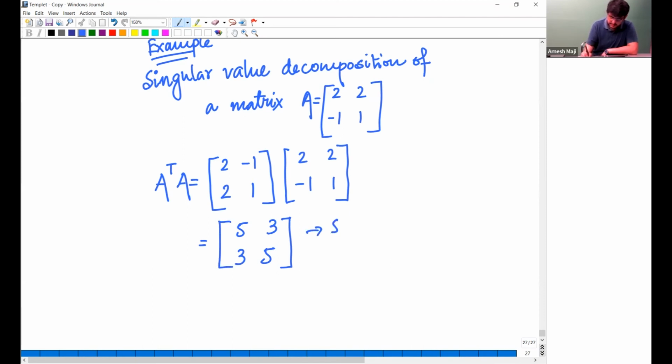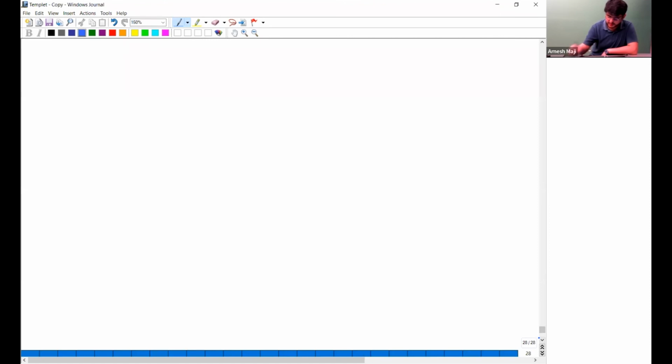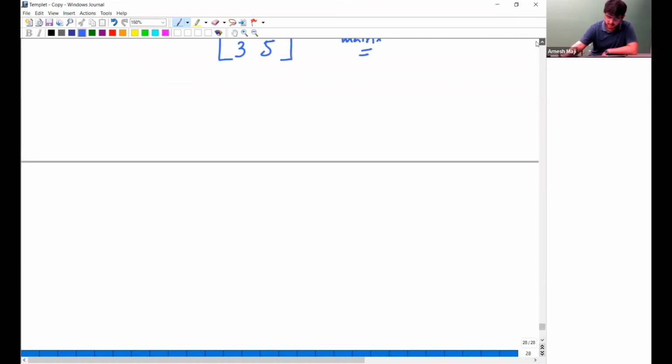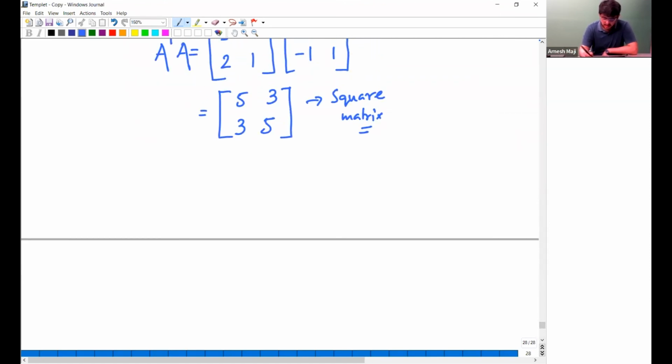It's a square matrix and it is symmetric as well. If you interchange rows and columns, A transpose, this is a symmetric matrix.